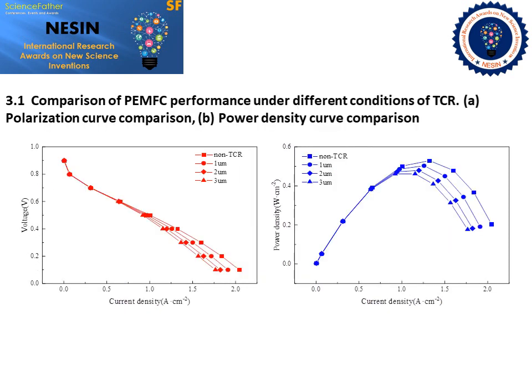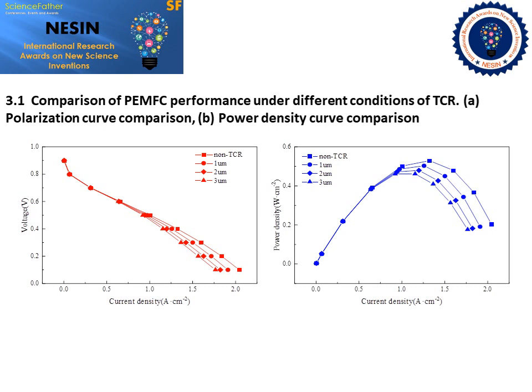So next is comparison of PEMFC performance under the different conditions of TCR. A is polarization curve comparison, and B is power density curve comparison.